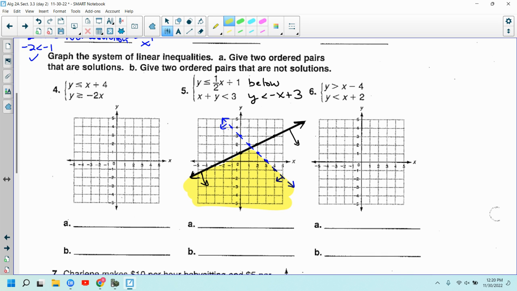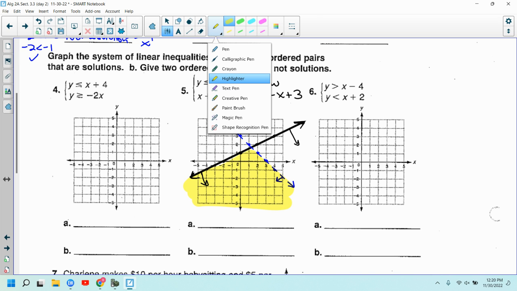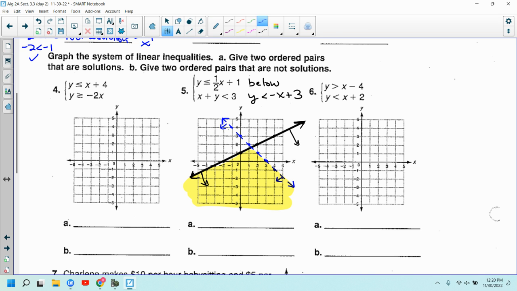Directions say give 2 ordered pairs that are solutions, and then 2 that are not. So under A, 2 that work. Under B, 2 that don't work. Okay, for that. Erica, what would be 2 that work? 1 and negative 2, and 3 and negative 4.